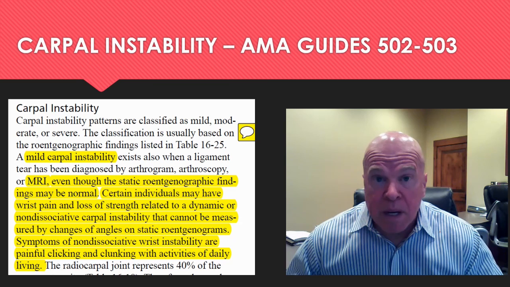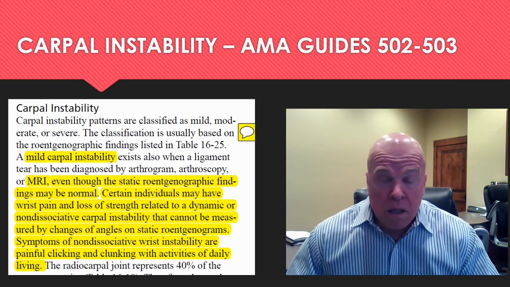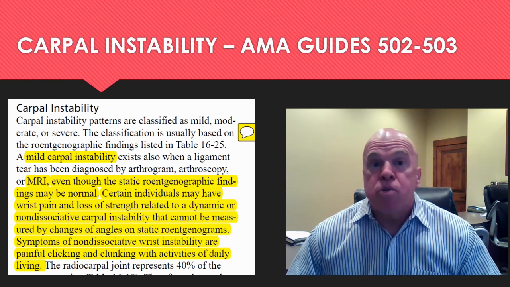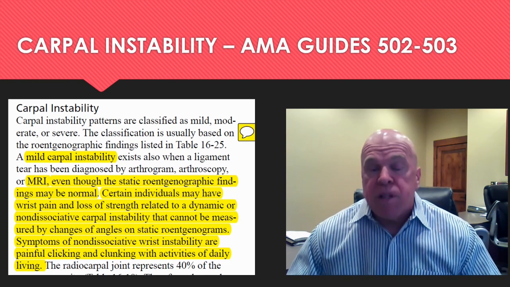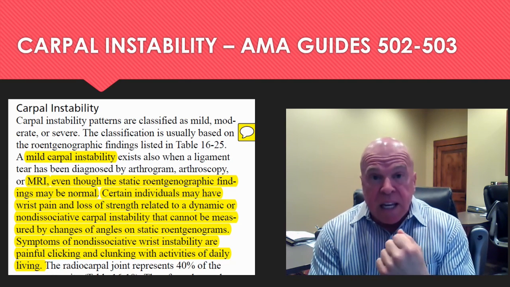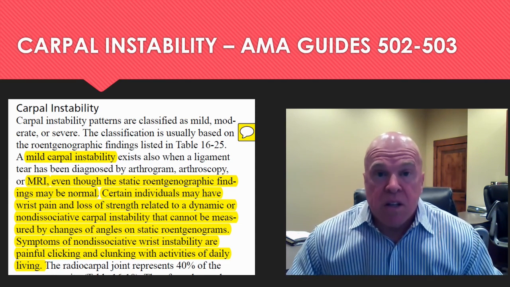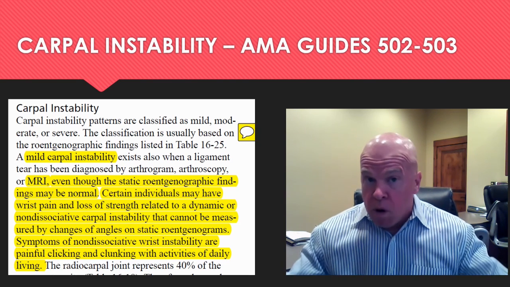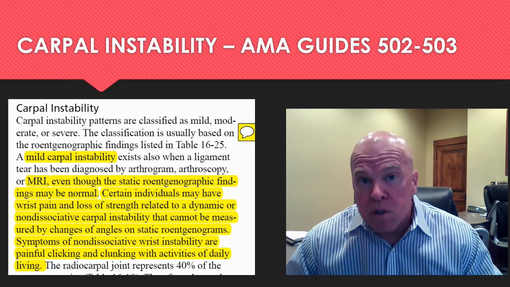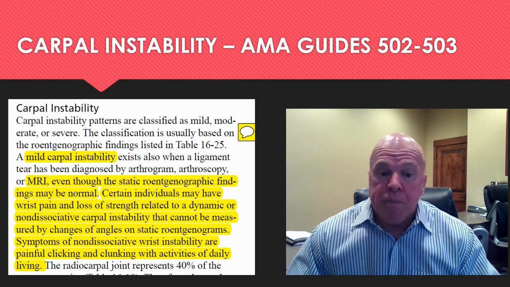You may have an examinee who you take the X-rays, you make your measurements and angles, and all the measurements and angles are normal, but the examinee has wrist pain, he has weakness, he has clicking and clunking. In this case, this examinee can qualify for what the Guides refer to as a non-dissociative carpal instability as well.